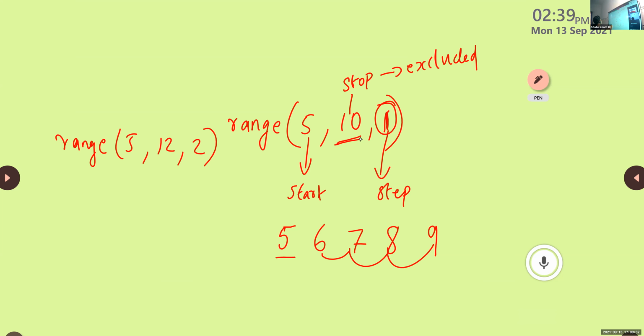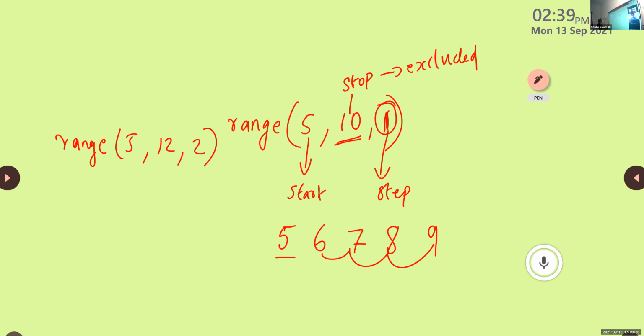Alan Joshi, read the result. Range of 5, 12, 2. Alan, unmute. Ma'am, 5, 7, 9, 11. The starting value is 5.